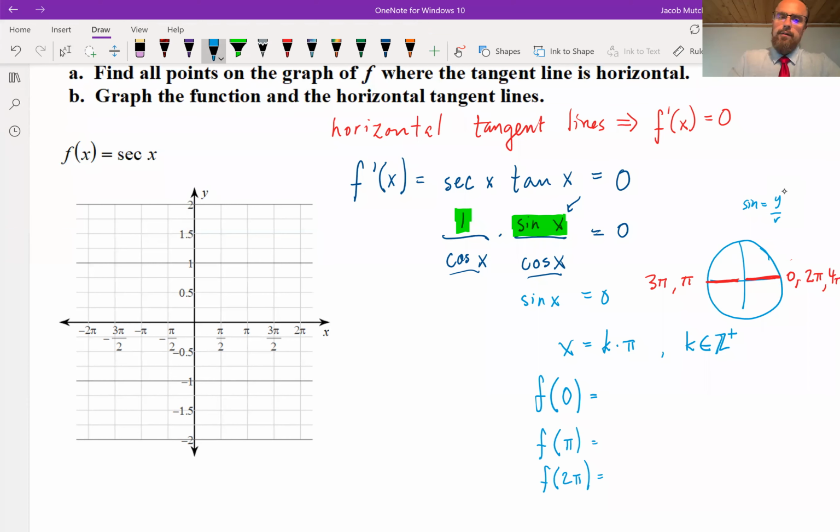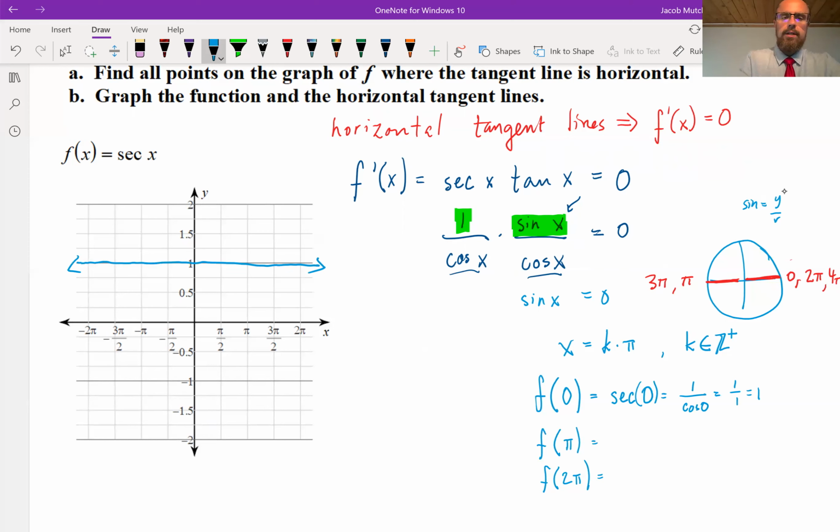So f at 0, again, this is the original function. So secant of 0. And to help me calculate that, that's 1 over cosine of 0. Cosine at 0 is 1, so that's 1 over 1, or 1. So it looks like I've got some perfectly horizontal tangent lines going through the y-axis at 1.